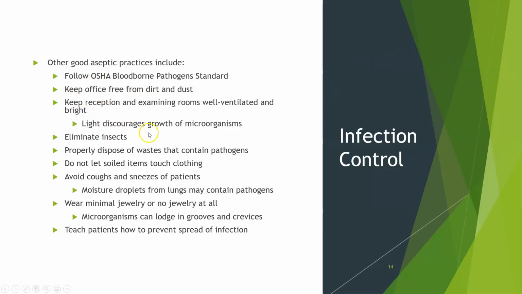Since light discourages the growth of microorganisms, as does a more dry environment, well-ventilated, light rooms will decrease the risk of microorganisms. That's why it's often very bright within those office spaces. And then obviously keeping things clean, avoiding coughs and sneezes of patients because of those droplets, wearing minimum jewelry or no jewelry at all, because microorganisms can lodge in the grooves or crevices of the jewelry.